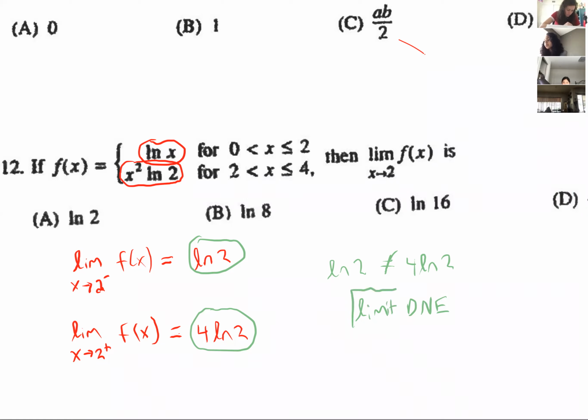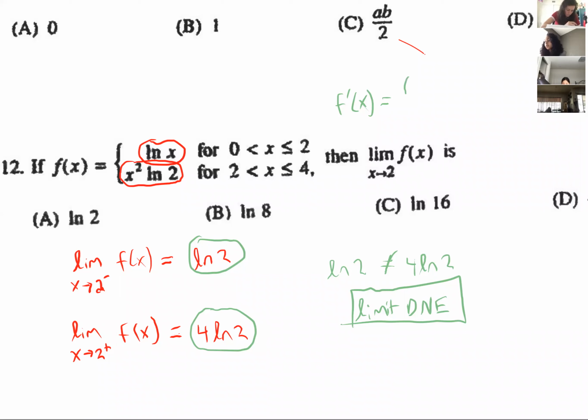Mr. Morrison, to determine if it's differentiable, do you have to do the derivative from the left and the derivative from the right? Good. Yeah. If you want to determine if it's differentiable, well, it couldn't be differentiable because it's not continuous. We just showed that. But assuming these two things were the same, ln of 2 and 4 ln of 2, then you would have to find the derivative from the left of 2 and the derivative from the right.